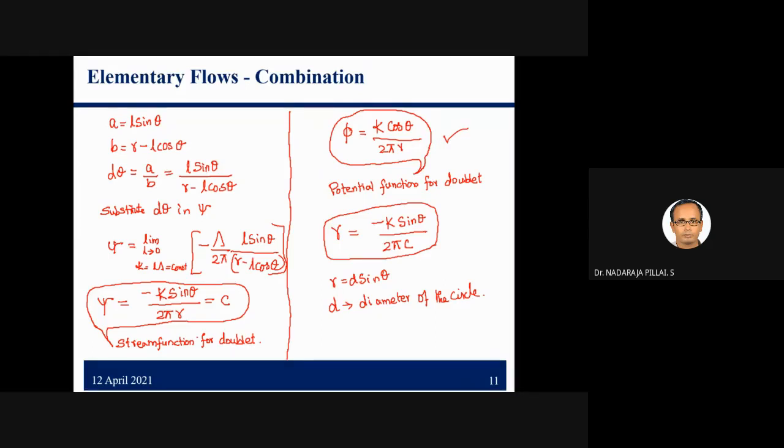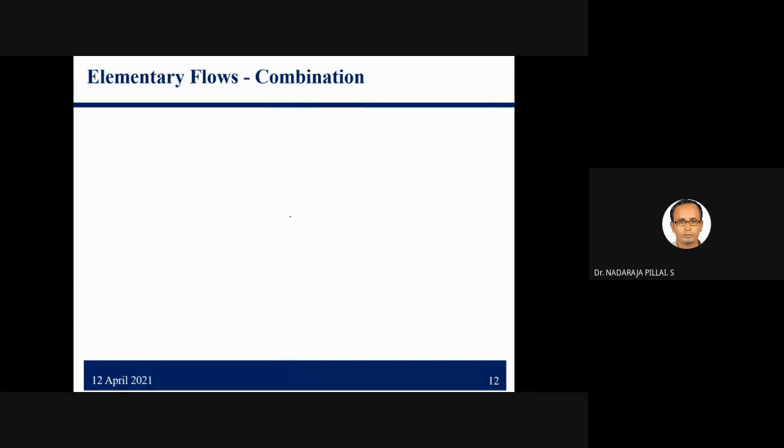So here we have R is equal to d sine theta, and from the derivation we have calculated R is equal to minus kappa sine theta by 2 pi c. So actually the doublet looks like this. If we have source and sink at a single point, this is an interesting condition.